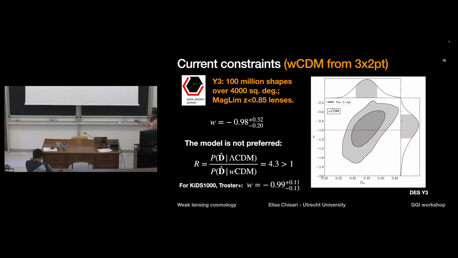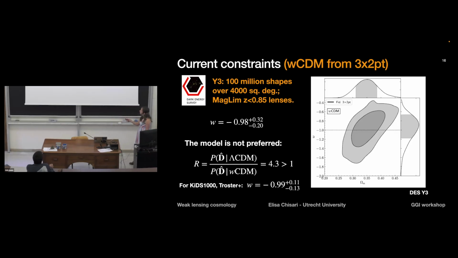So this is from the Dark Energy Survey. If you want to open up the parameter space, you really need more probes. So now I'm talking about 3x2pt and not cosmic shear. These are their constraints from year 3, on w versus omega matter, consistent with -1, but you can see that the error bars are pretty big.